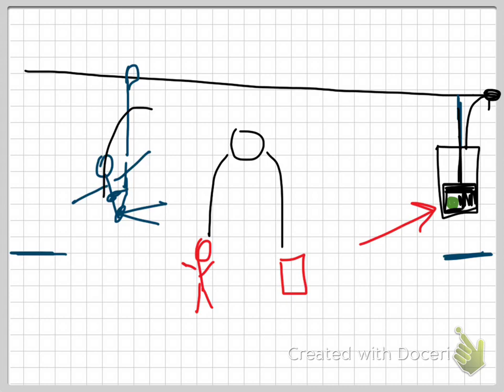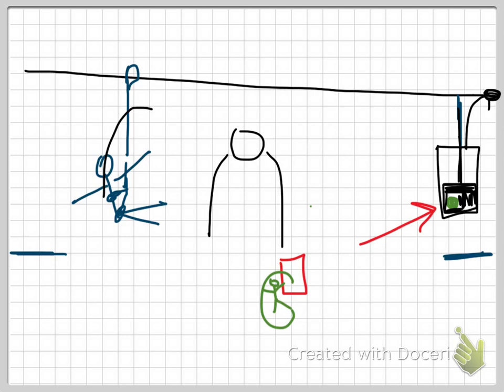What if we substitute for you my little DI kid who weighs like 20 pounds? What's going to happen? She's going to go flying up through the pulley. She's going to have a rapid acceleration upwards.